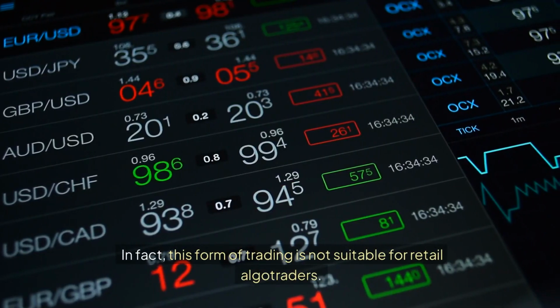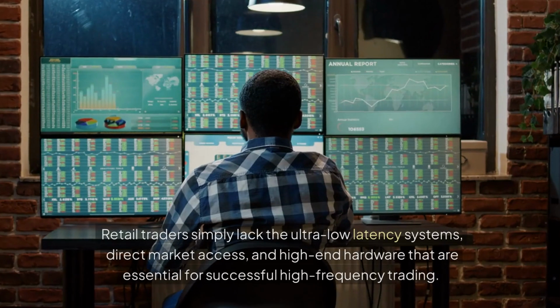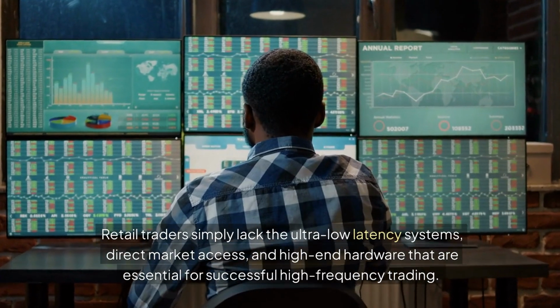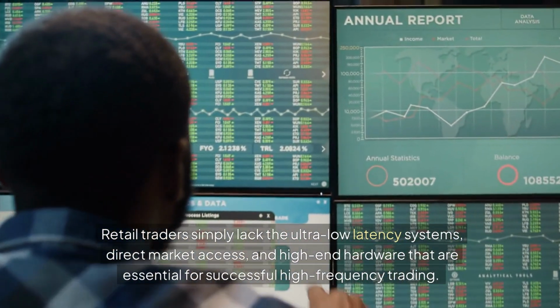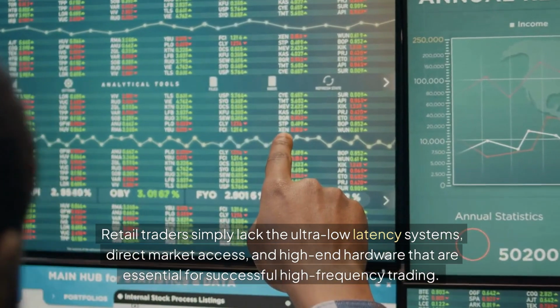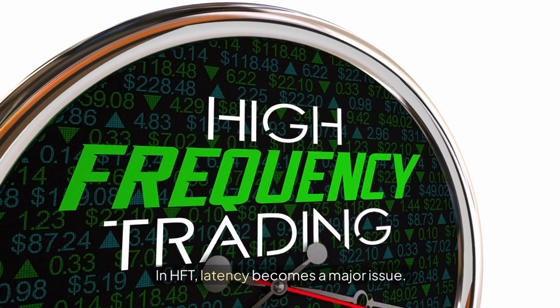In fact, this form of trading is not suitable for retail algo traders. Retail traders simply lack the ultra-low latency systems, direct market access, and high-end hardware that are essential for successful high-frequency trading.